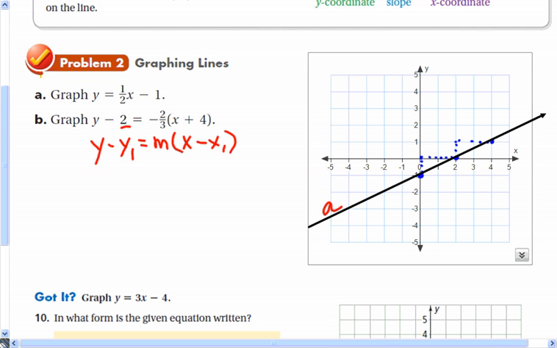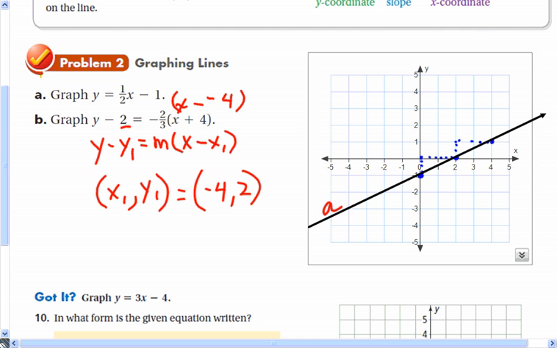My x1 value, I'm going to have to change this to the form x minus -4 to see that the x1 value is -4. So my (x1, y1) is equal to (-4, 2). And my slope is -2/3.